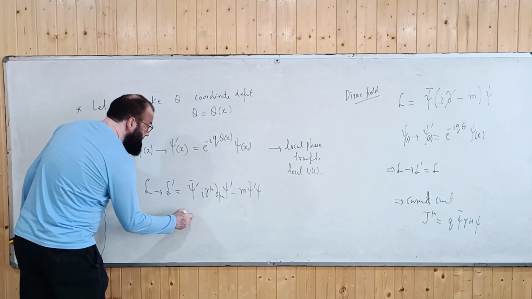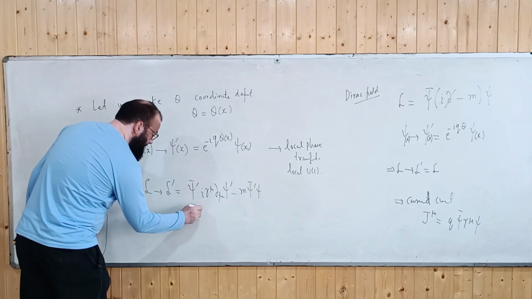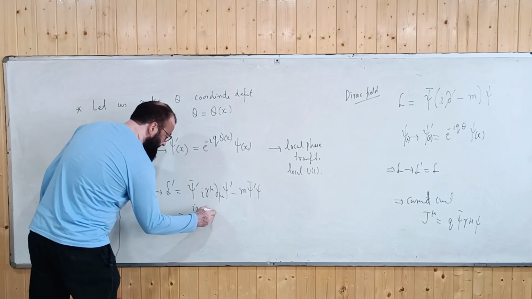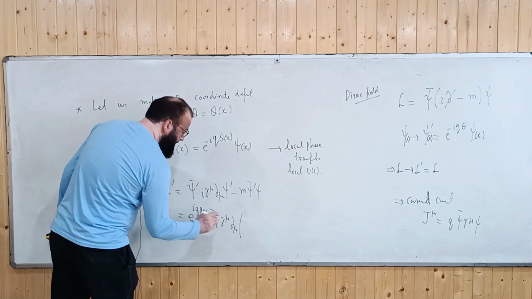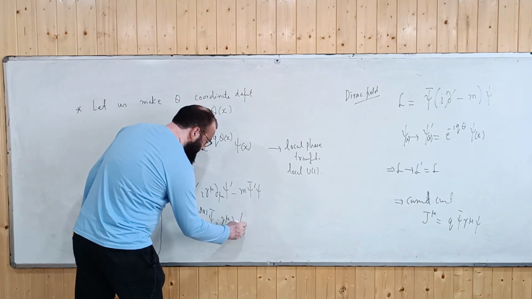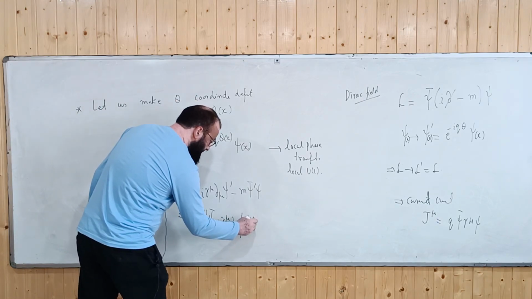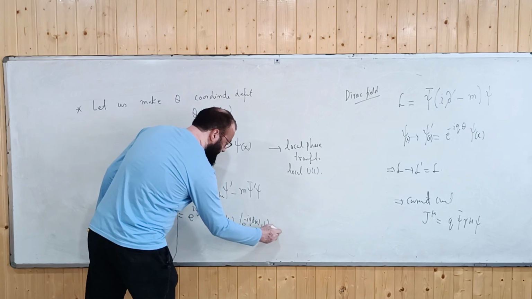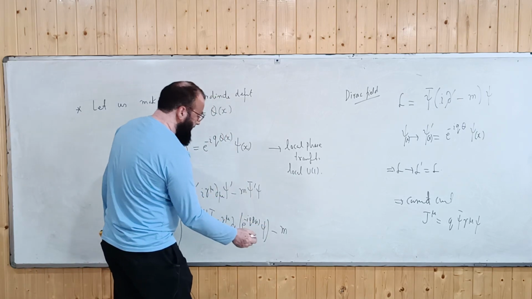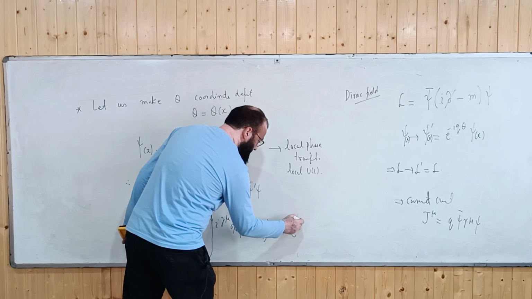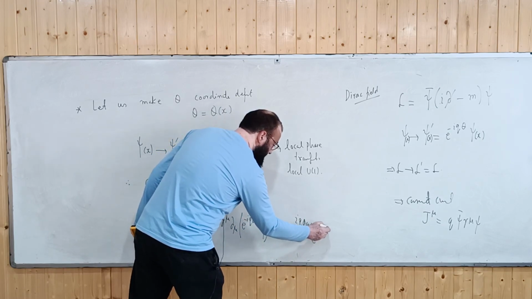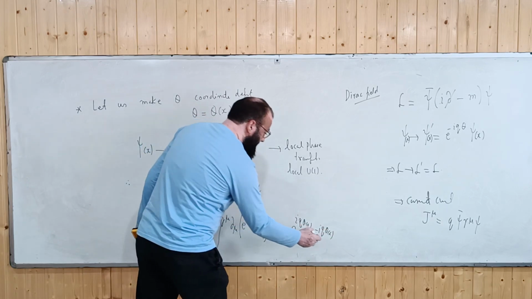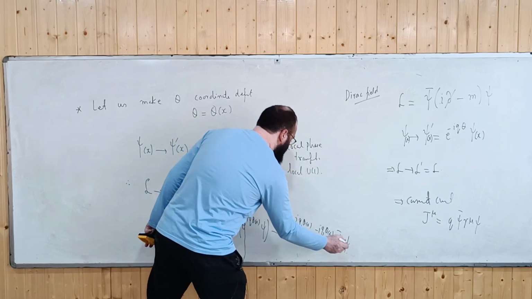It will be simply e raised to i q theta of x times psi bar. So i gamma mu partial mu, now you have to take the derivative, of e raised to minus i q theta of x psi, minus m. Then psi bar will carry e raised to i q theta of x, and e raised to minus i q theta of x comes from psi, so you have psi bar psi.